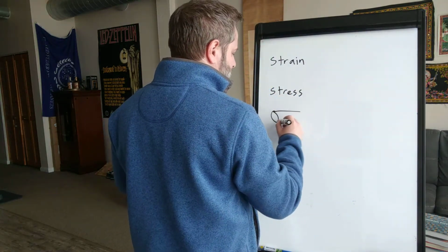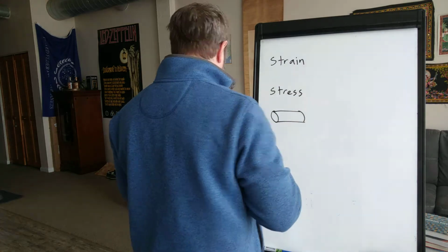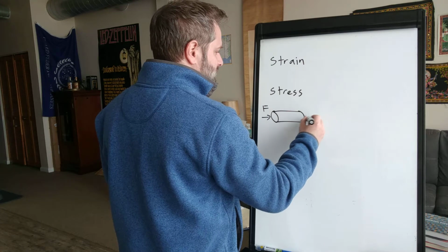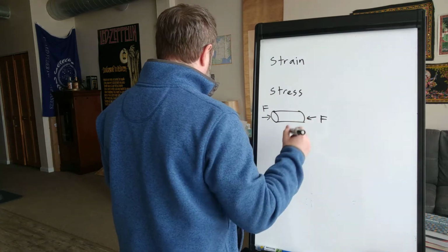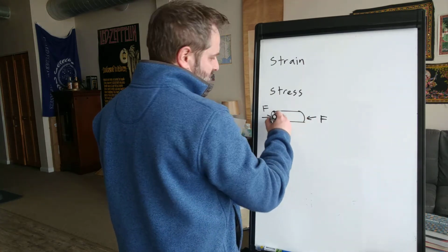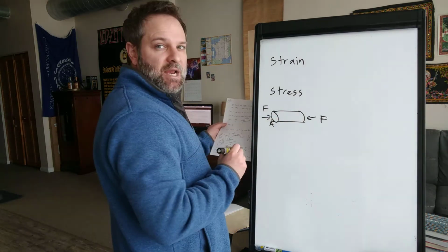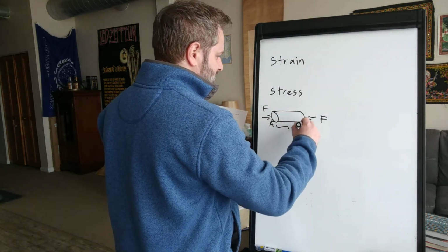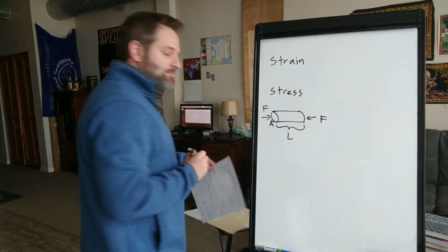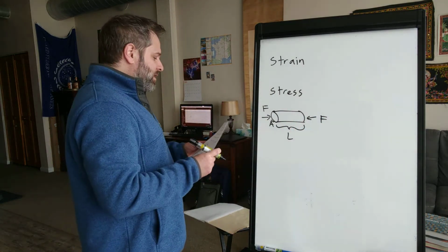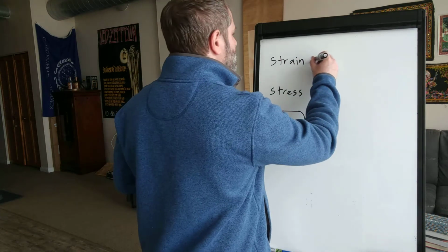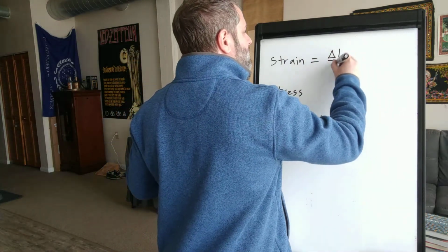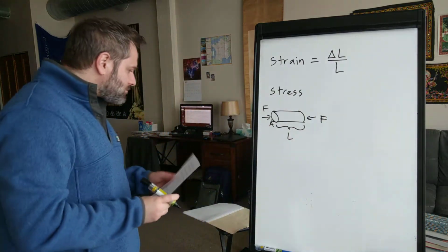For simplicity, it's just a cylinder of some material. We're putting some force on it at either endpoint. This force is applied over some area on this side of the object, and the object itself has some length L. The strain on an object is the delta L divided by L.